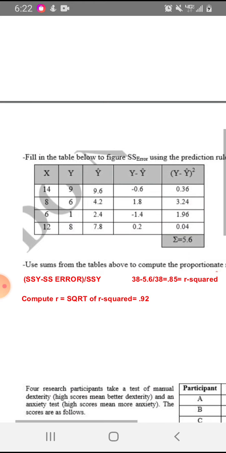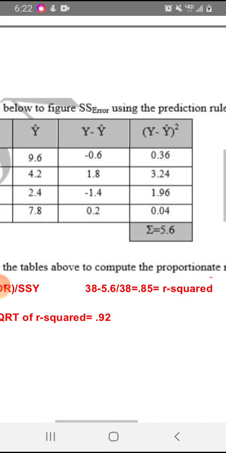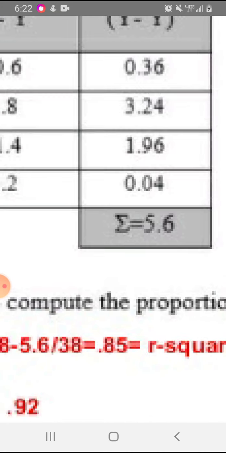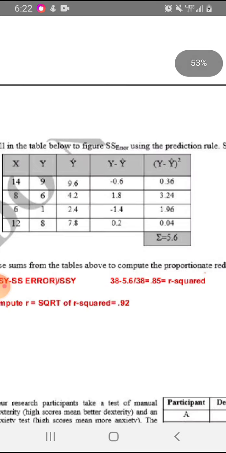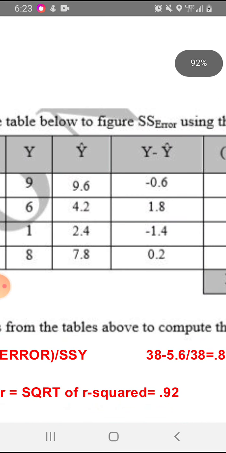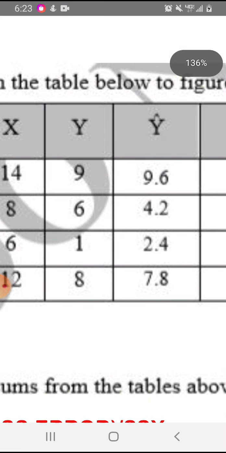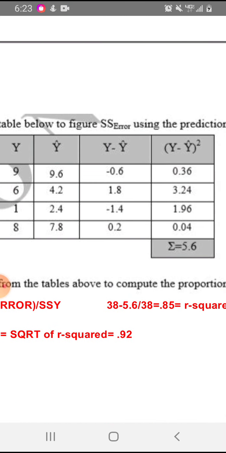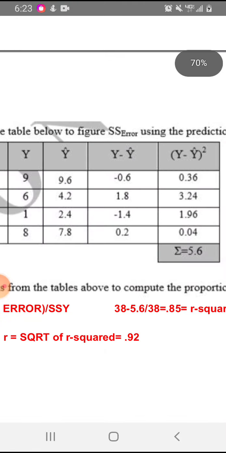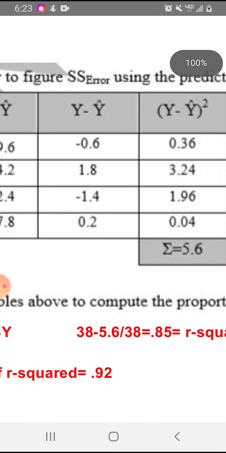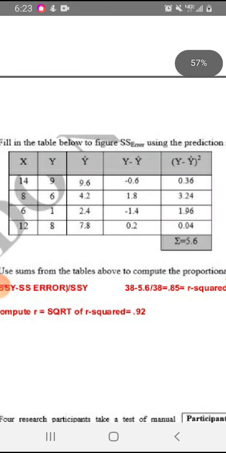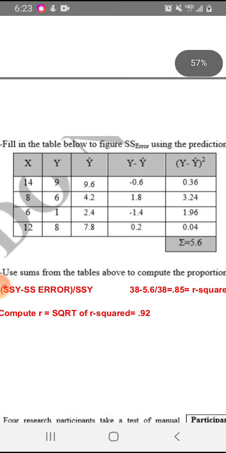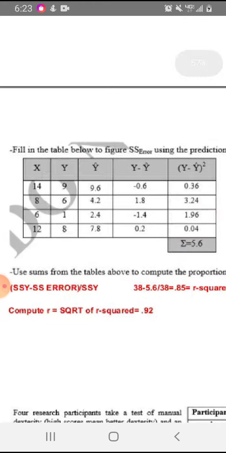All right, so I want everyone to take a look at, let's say this SS error equals 0. The only way this SS error could equal 0 is if all our predicted y's were exactly what our original y's were. So if we did have an SS error of 0, that would mean that our predicted y's are exactly what our original y's were.